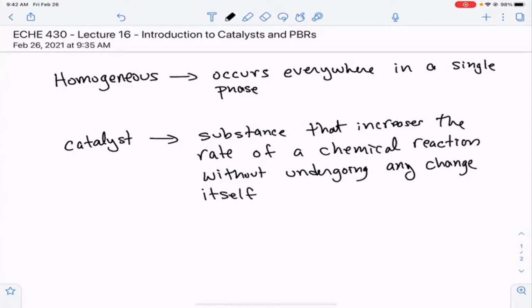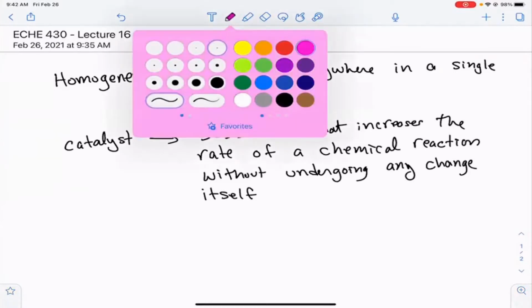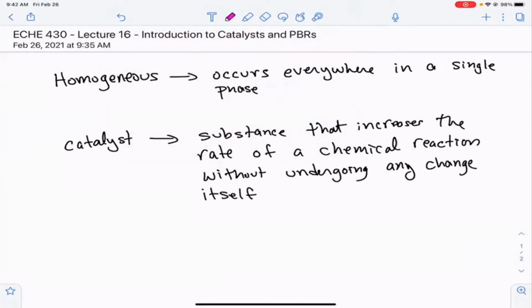And the idea behind adding a catalyst is often that you do reduce the activation energy. And now there are different forms that catalysts can take.